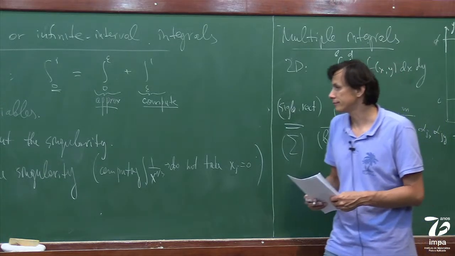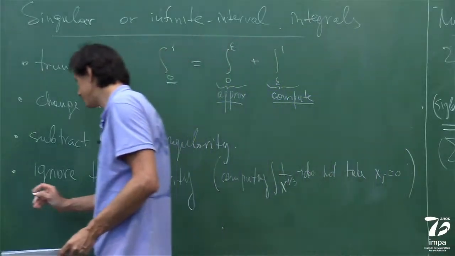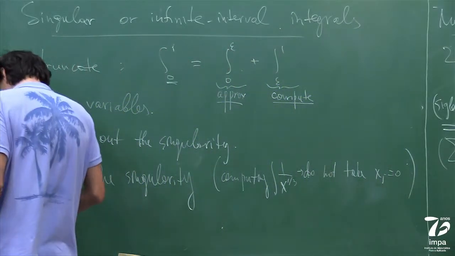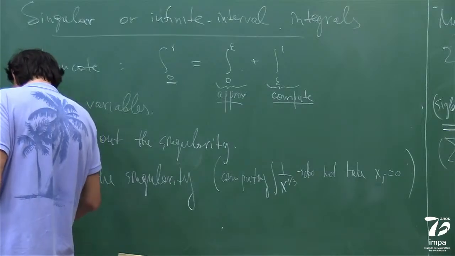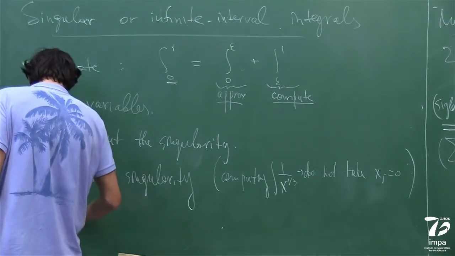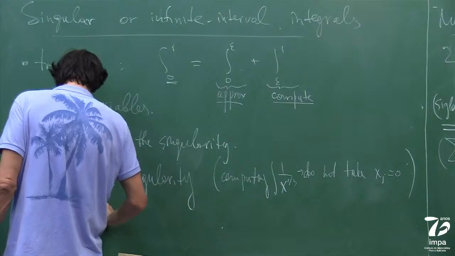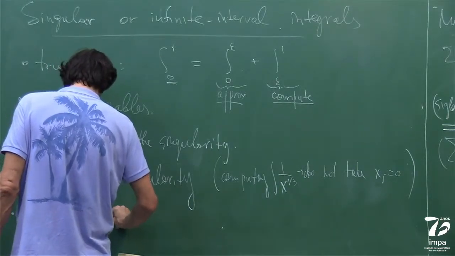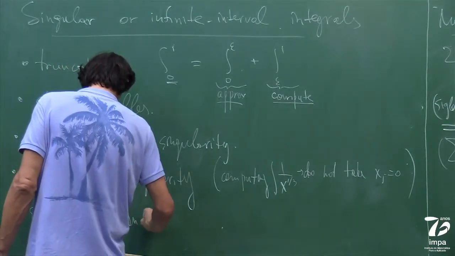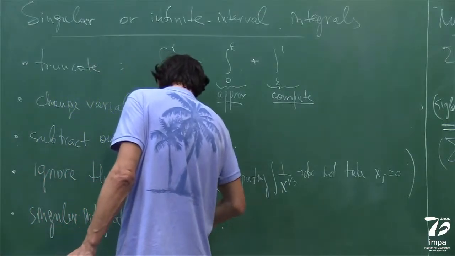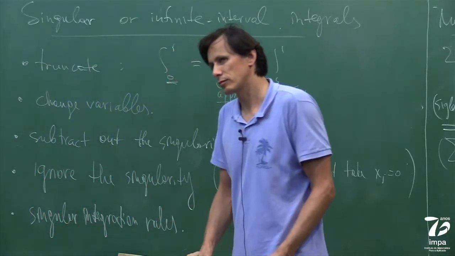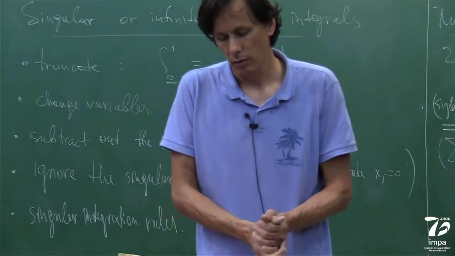And also there are smart ways, like singular integration rules. There are smart ways where there is a singularity of certain types.